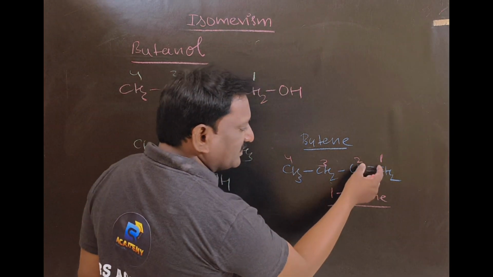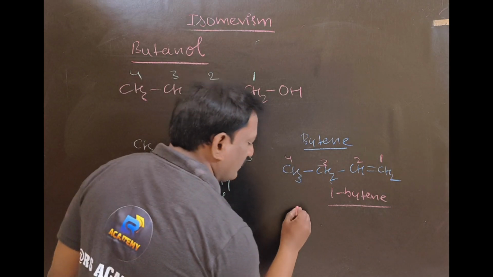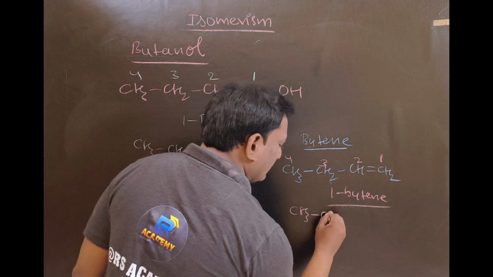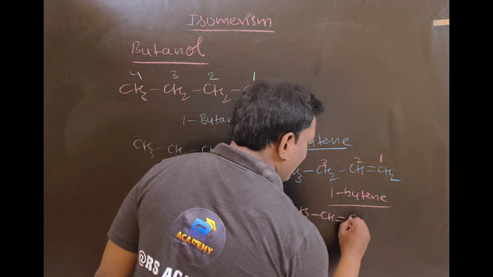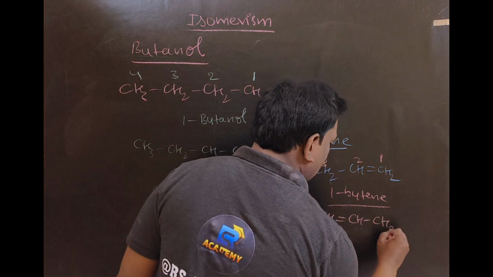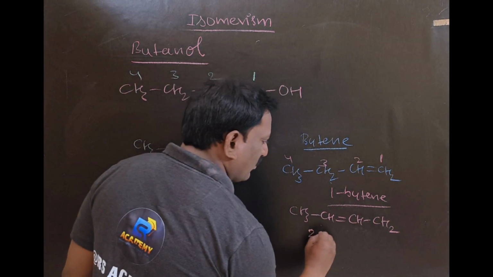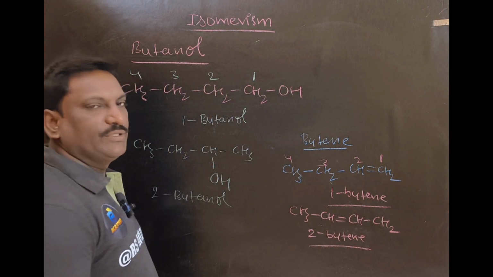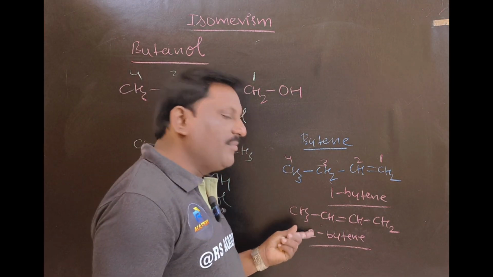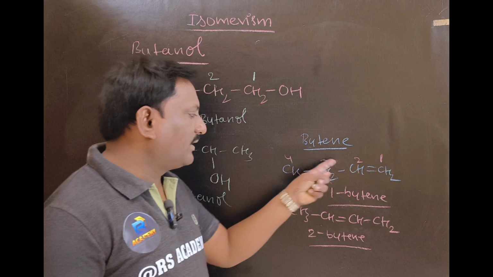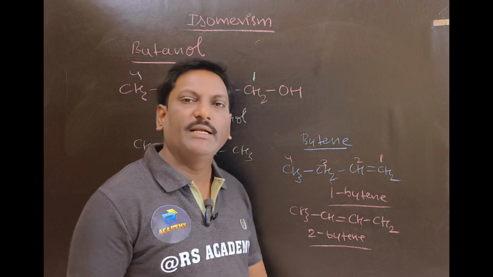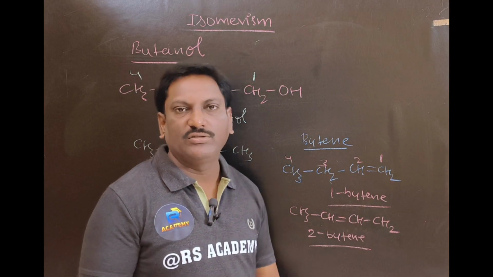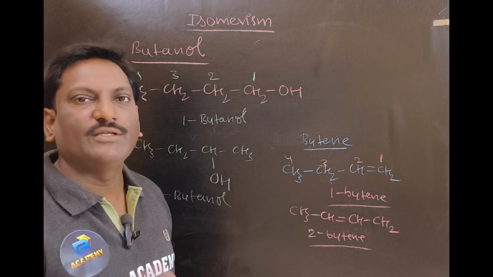So I would like to place this double bond at this carbon. CH3, CH double bond CH, CH3. This is called 2-butene. So same chemical formula but differing in the position of the double bond. So this is also called positional isomerism.